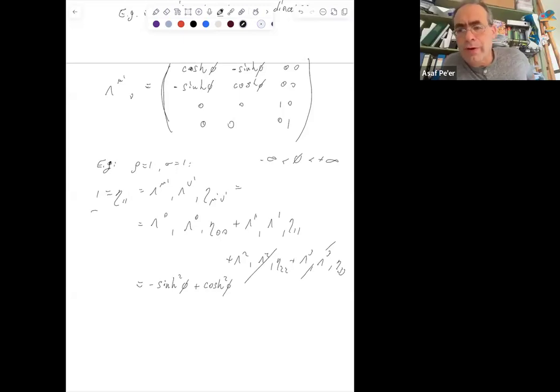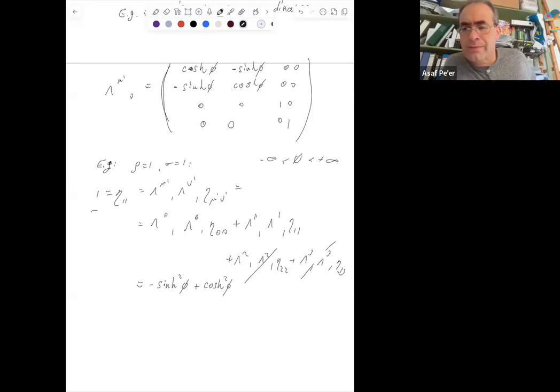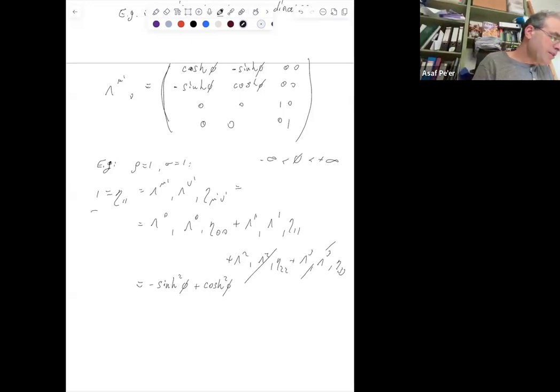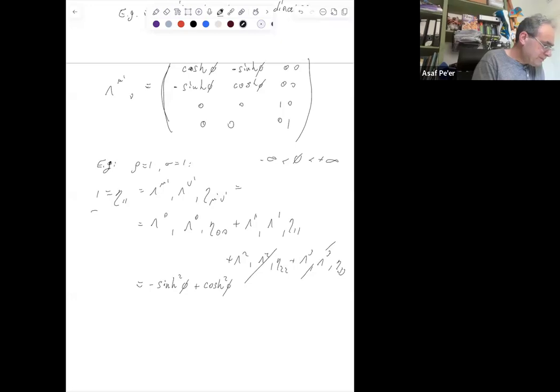So this is one component. You need to go through 16 components and check that the 16 equations are fulfilled, and you'll see that indeed they are, which means that this is a legitimate Lorentz transformation.